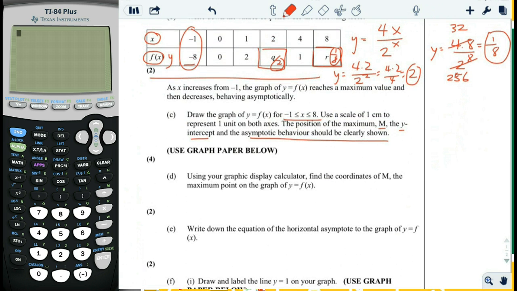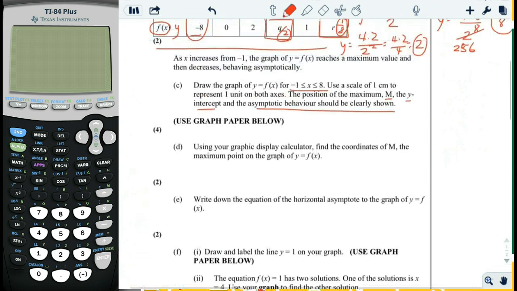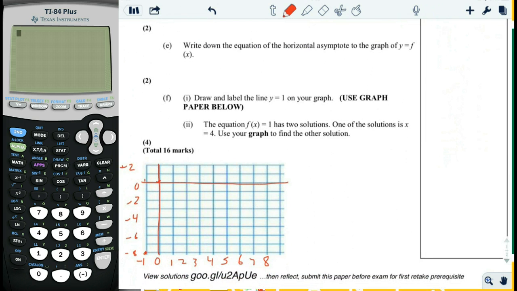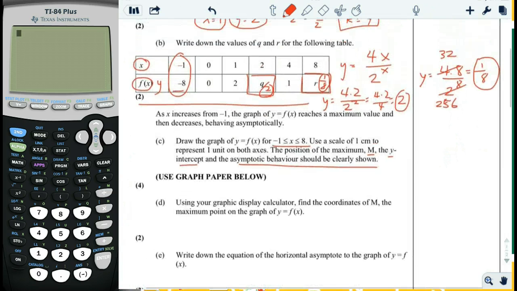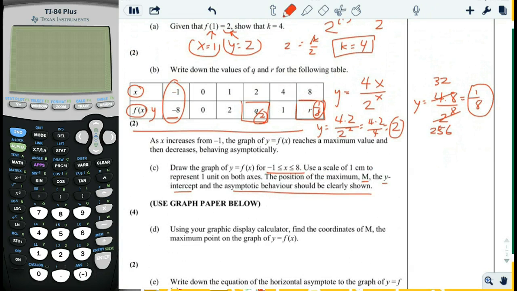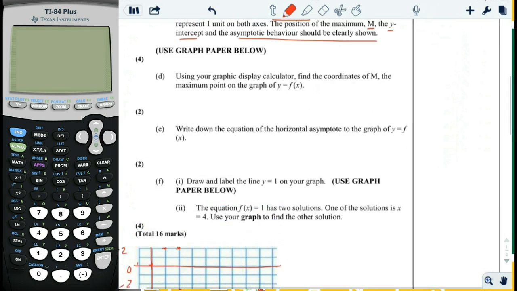So -1, -8. That would be right there. Next point is 0, 0, right there. Next point, 1, 2, right there. Next point, 2, 2, right there.